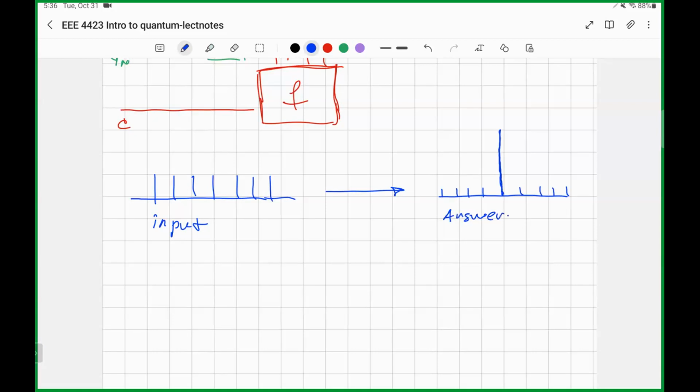to a particular problem. For example, in Grover's algorithm, we have some array of amplitudes in the input.